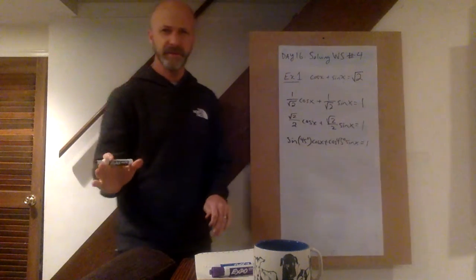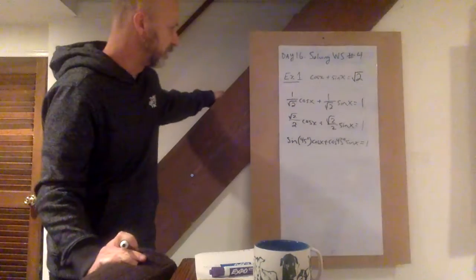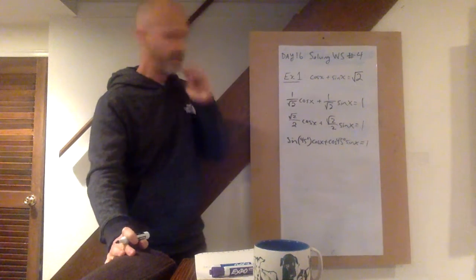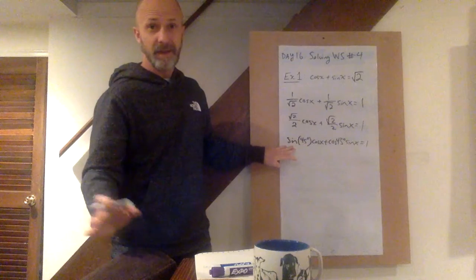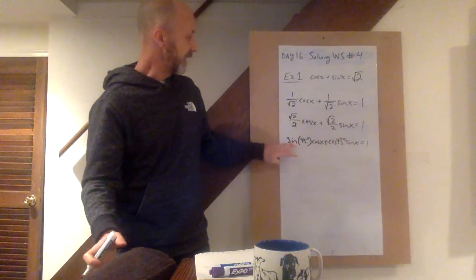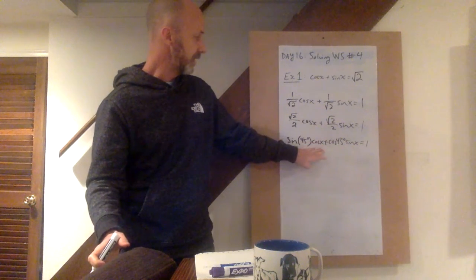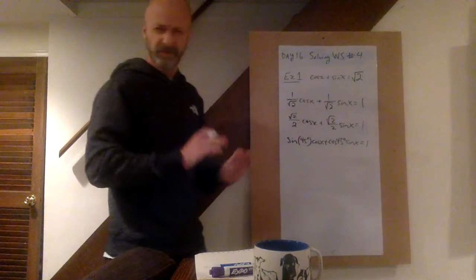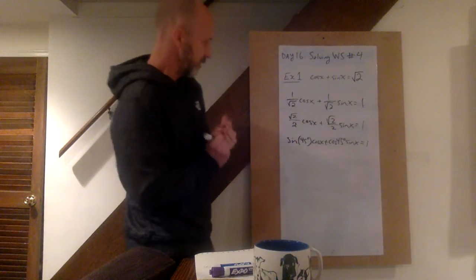And maybe at this point, this madness is starting to make a little bit of sense. What I've created out of thin air, sort of, is an angle sum identity. I have sine of the first angle, cosine of the second, plus cosine of the first angle times sine of the second.